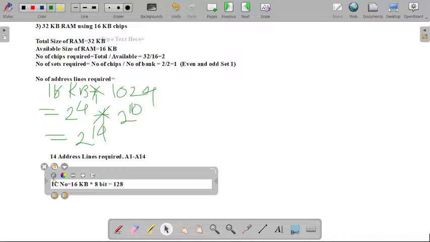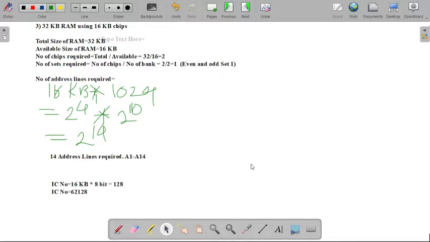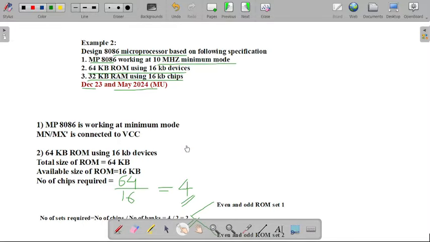So we got the number 128, and for the IC number we are using the prefix for our RAM, which is 62, and we are appending the number we got from our calculation, that is 128. So our IC number for our RAM is equal to 62128. So we are done with our calculation part.